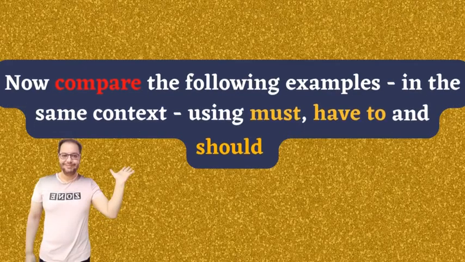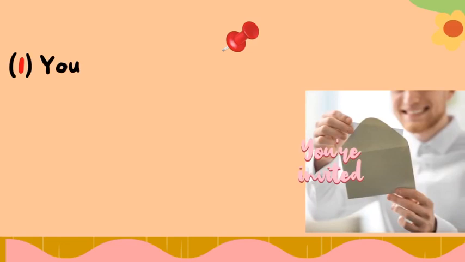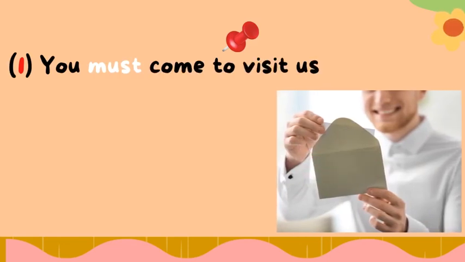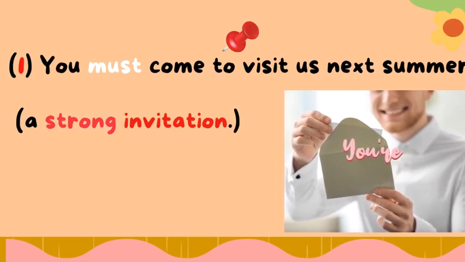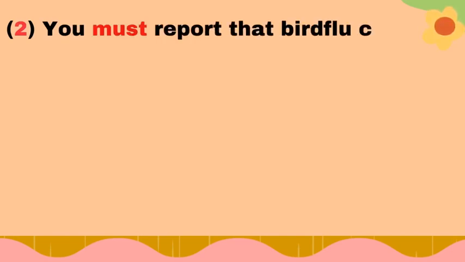Now compare the following examples in the same context using must, have to, and should. 1. You must come to visit us next summer. This is a strong invitation. 2.